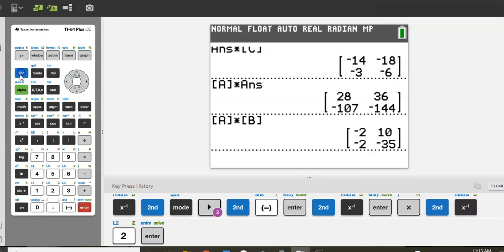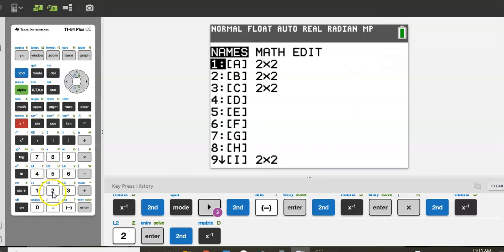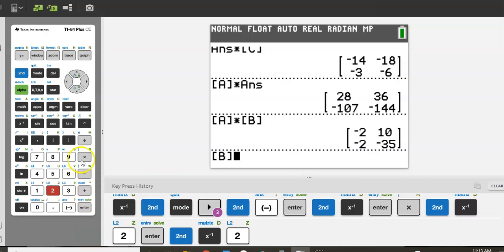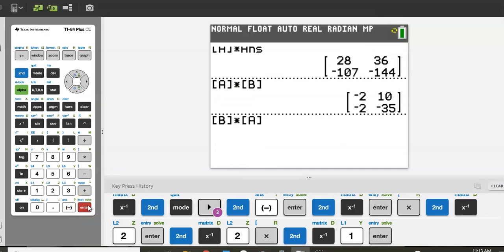But if I do it in the opposite order and put the B matrix first, matrix B times matrix A, I probably will get a different answer. And this time I get -37, -15, 6, and 0. So it doesn't work like 3 times 2 is 2 times 3. It doesn't work like that.